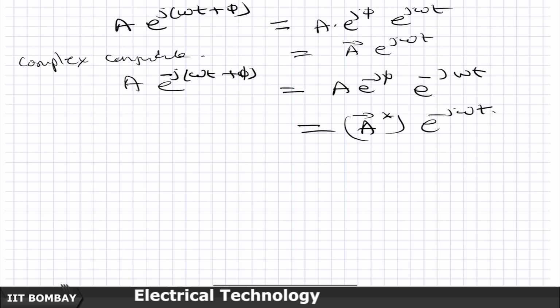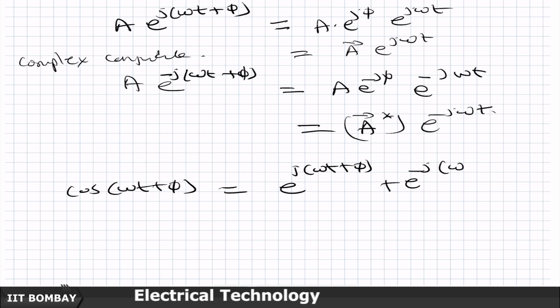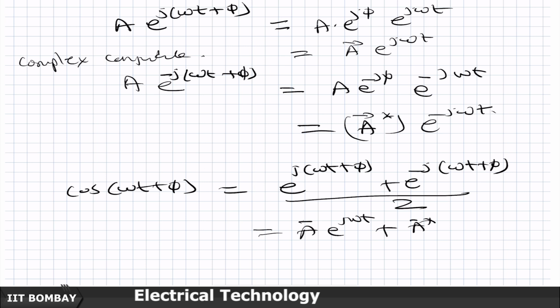And cos of omega t plus phi is nothing but e to the power j times (omega t plus phi) plus e to the power minus j times (omega t plus phi), divided by 2. So, it is A bar e to the power j omega t plus A bar star e to the power minus j omega t, by 2, and so on.